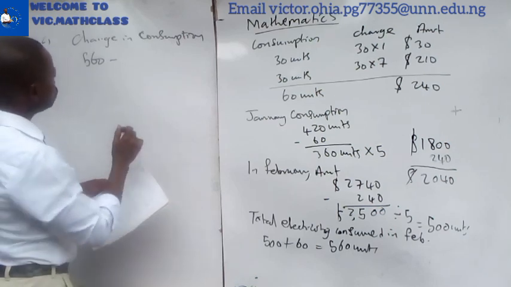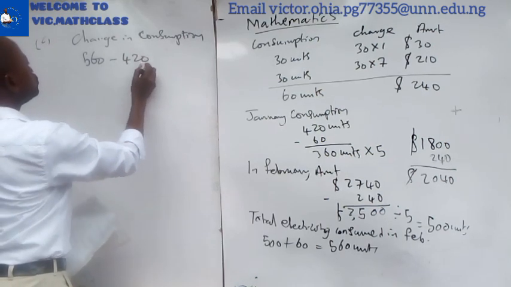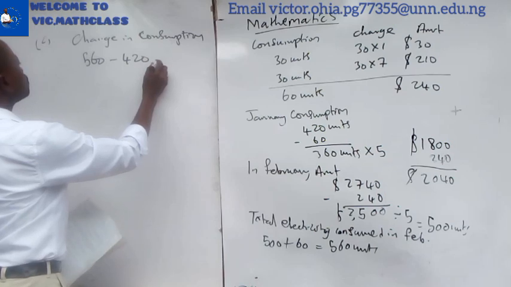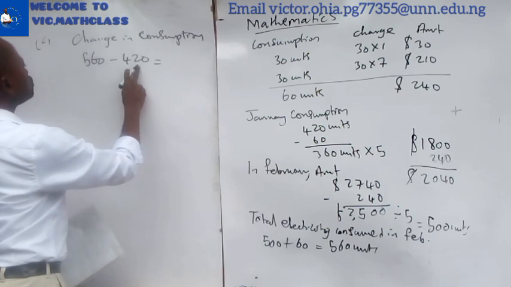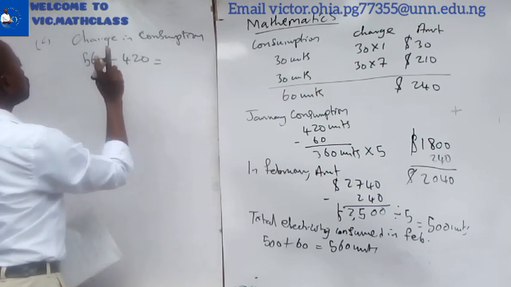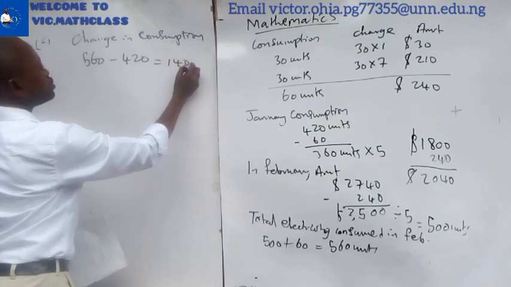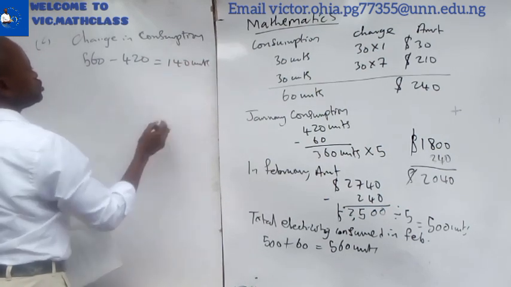It was given 420 units. This is going to give us 560 minus 420: 500 minus 400 is 100, 60 minus 20 is 40. That's 140 units is the change.